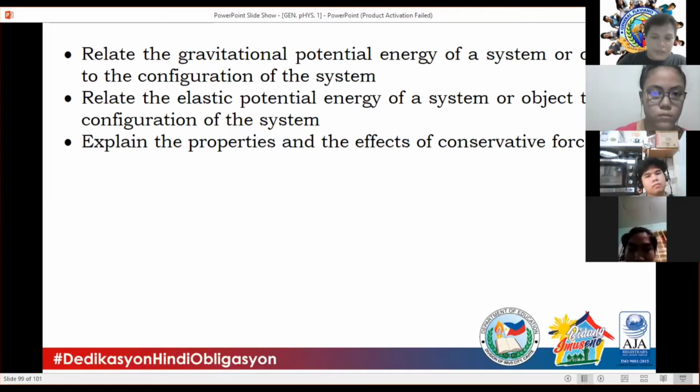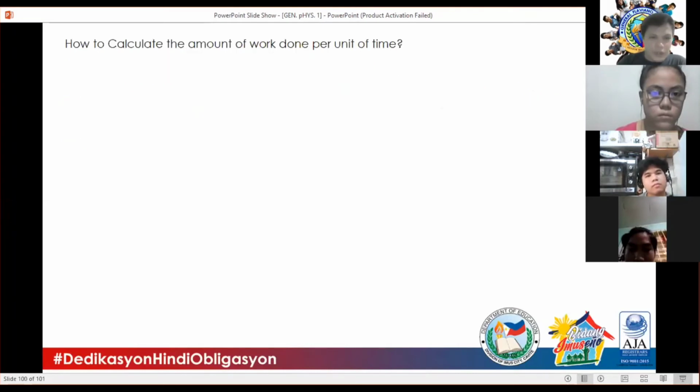conservative forces. So, ito yung may tanong ako dito. Paano nga ba natin makakalculate yung amount ng work done in a given unit of time? Kumbaga, ito ay time pressure na, di ba? Pag sinabing per unit of time, parang sa entrance exam.